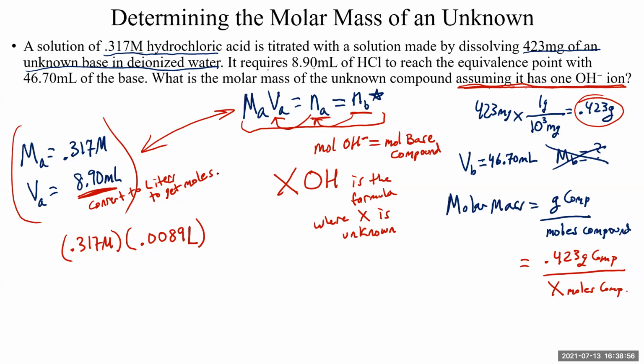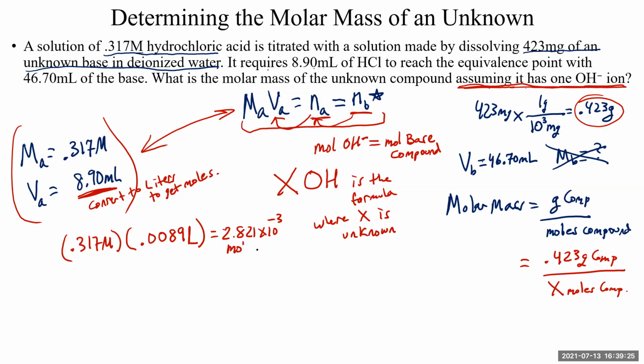So 0.317 times 8.9. I get 2.821 times 10 to the negative 3.